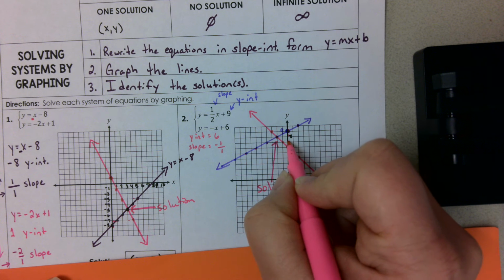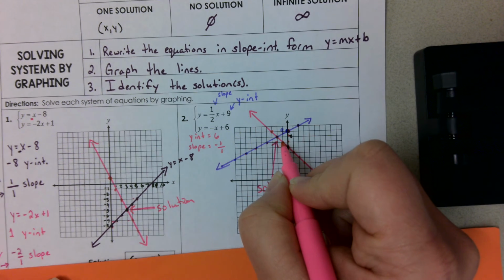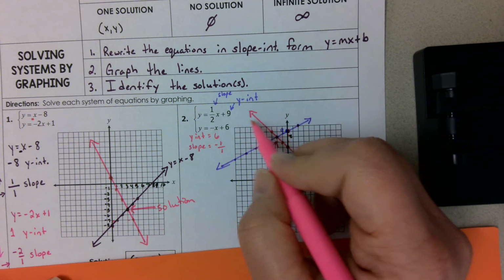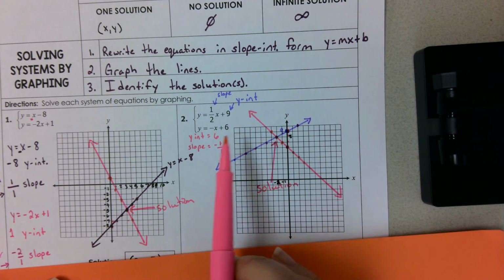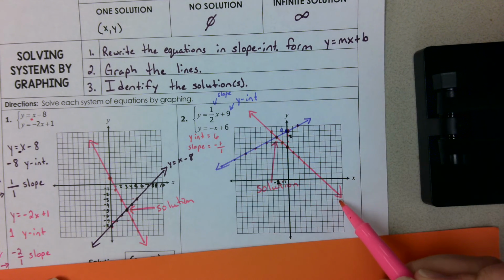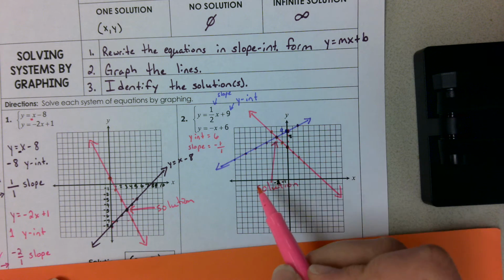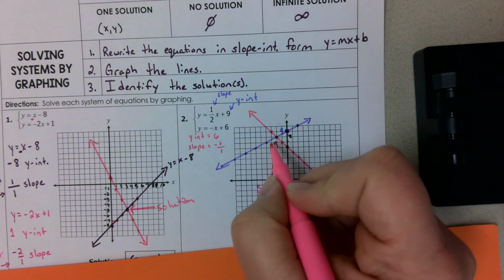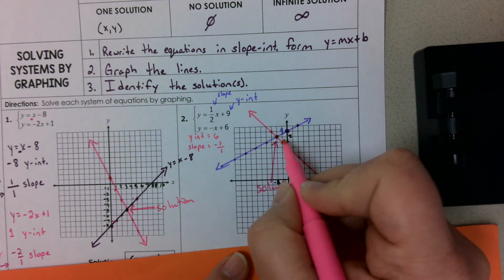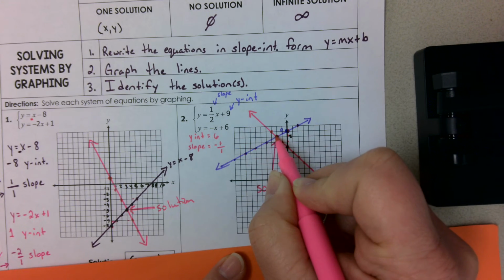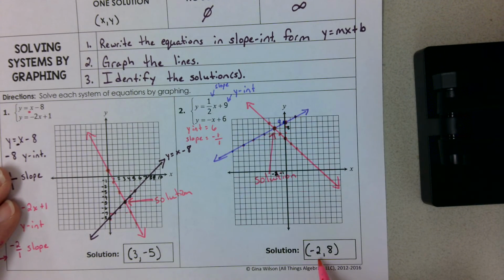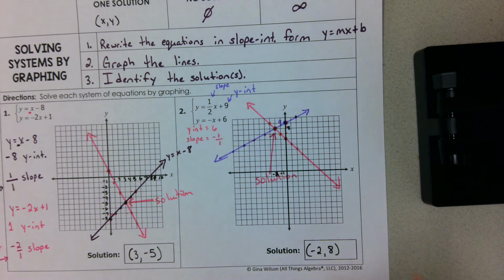If I go up and left, that's still going to give me my negative slope. Up one, left one, up one, left one, and I connect them. It's easy to tell if you've made a mistake. If I have a negative slope, my line should be going down from left to right. My solution is where my two lines intersect, and that is right here. So -2 is my x, and my y is 8. So my solution is -2, 8.